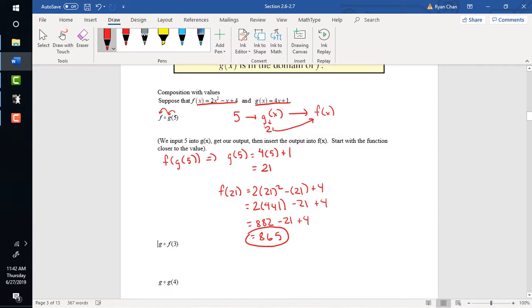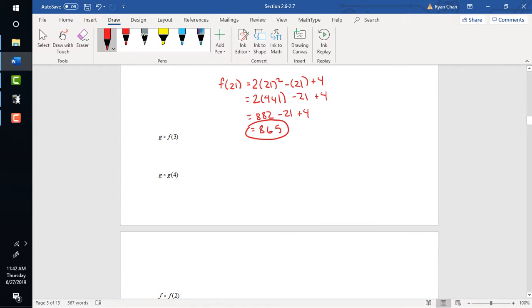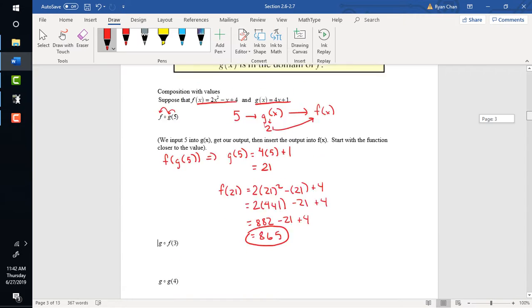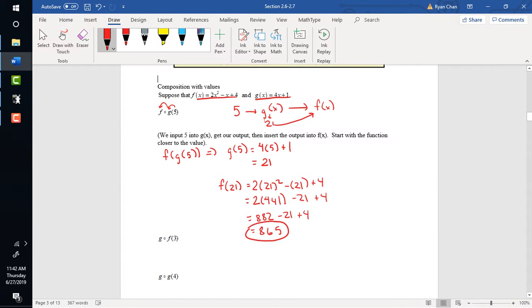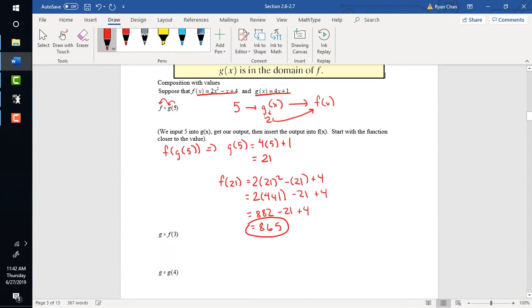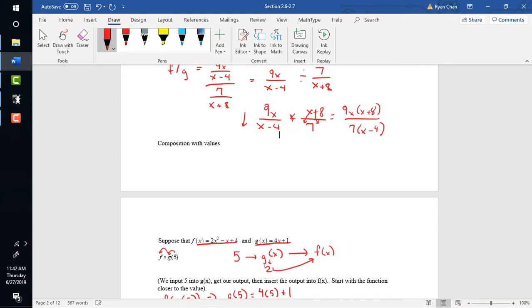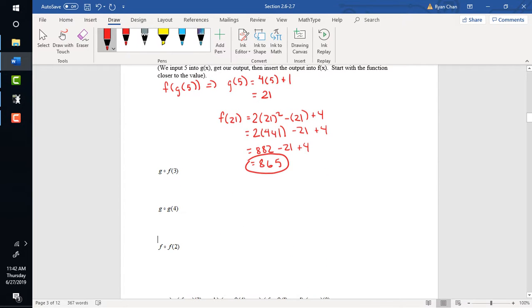Okay, let me show you one more example. Let's see if I can make this so you guys can read this better. Sorry about that.